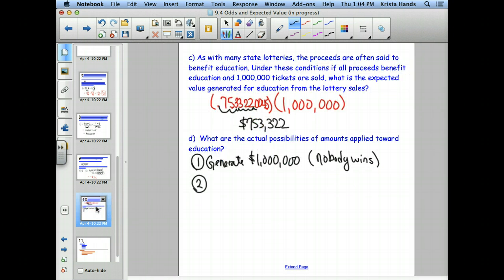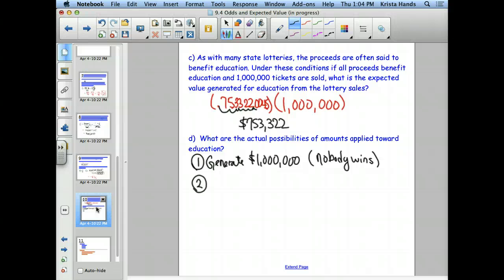What's my second option? Somebody wins. And they generate 7. Do they? They generate the difference.